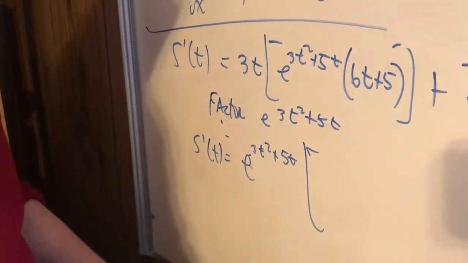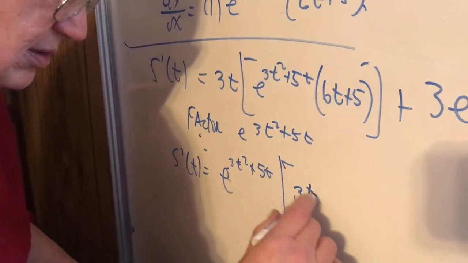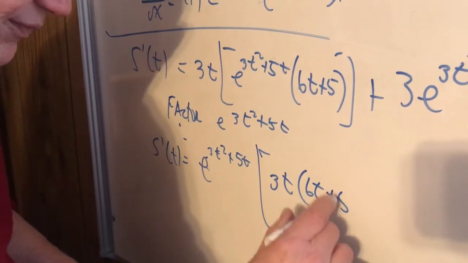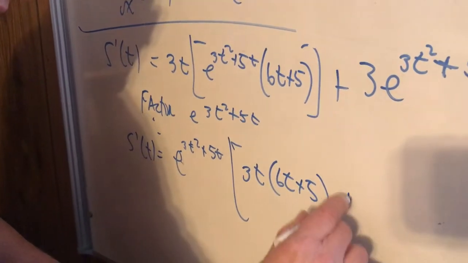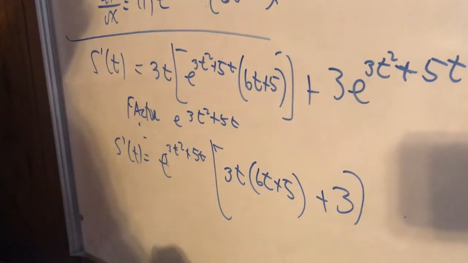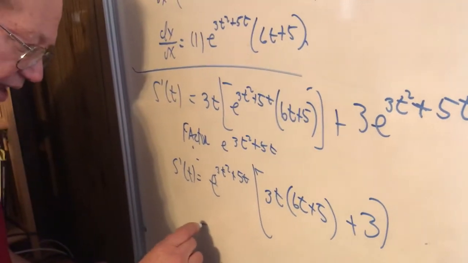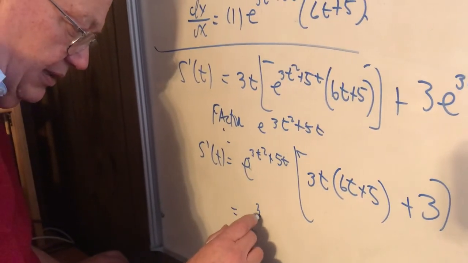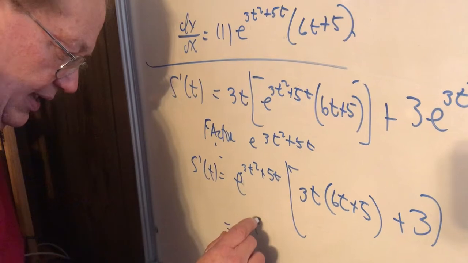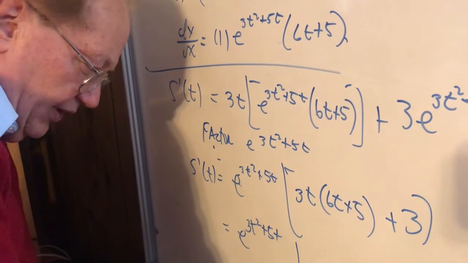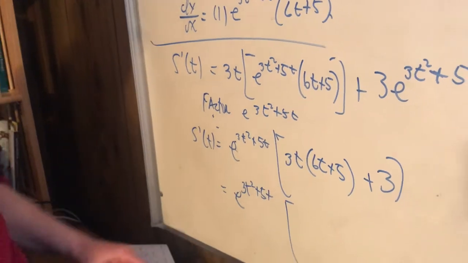And now it's going to be 3t times 6t plus 5 plus 3.